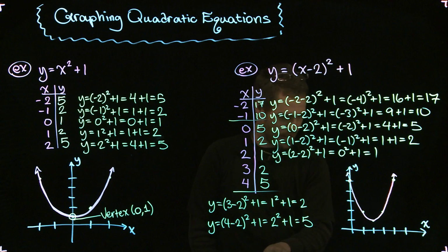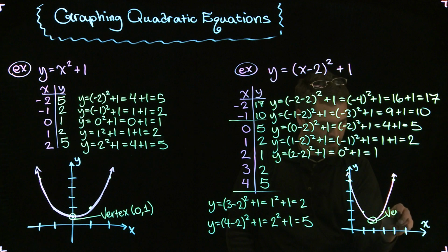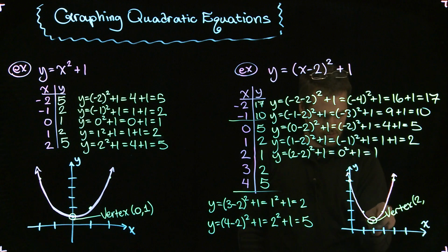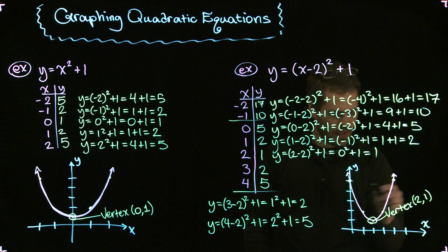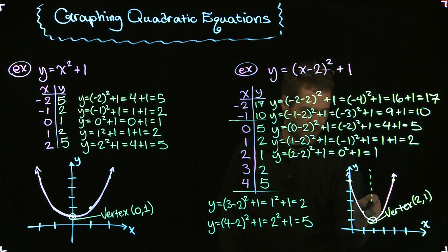And we can identify the vertex as this point. You could even see it in the table where the thing bottomed out. That is located at 2, 1. And the axis of symmetry, of course, goes right through that.